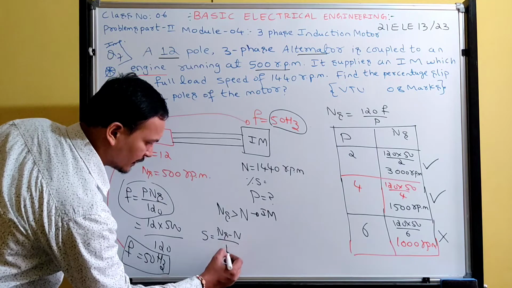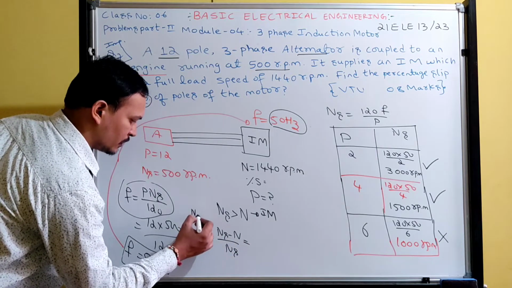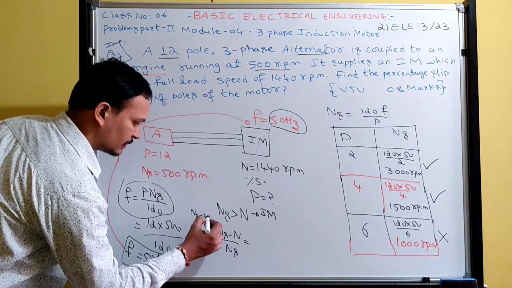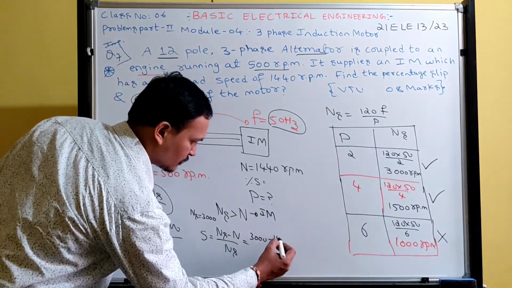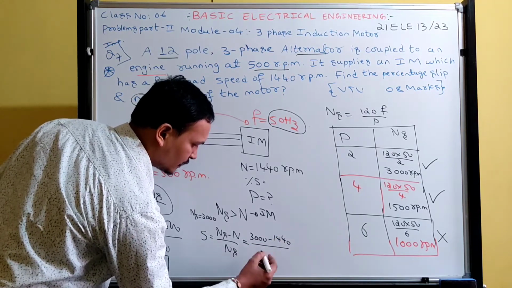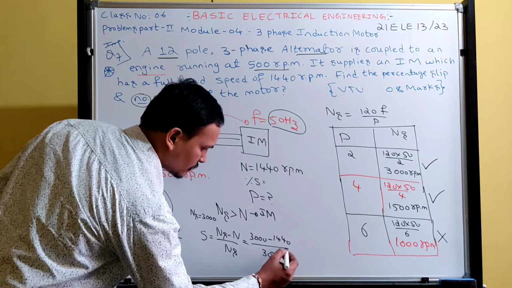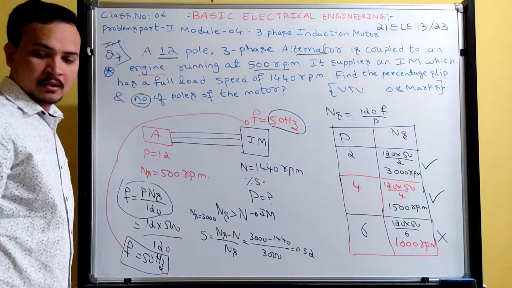Ns minus N by Ns. So now I am calculating slip when Ns is 3000 RPM. So 3000 minus 1440 divided by 3000. So you will get a slip value approximately 0.2.